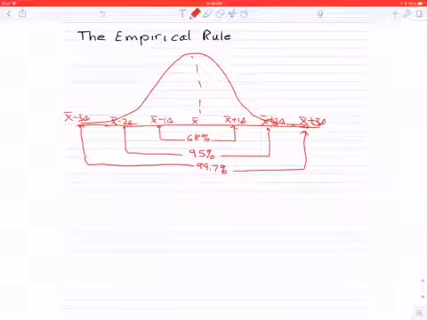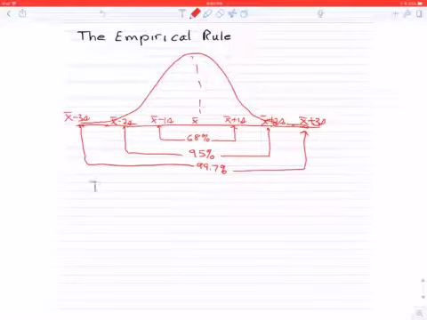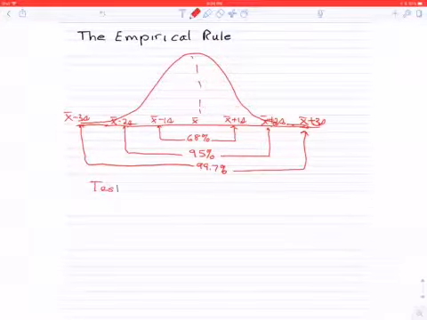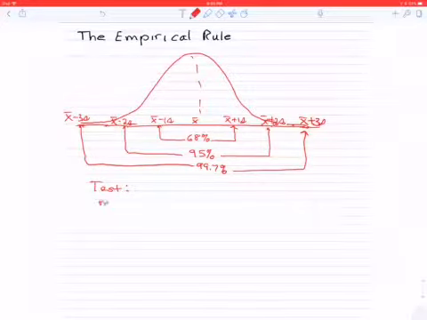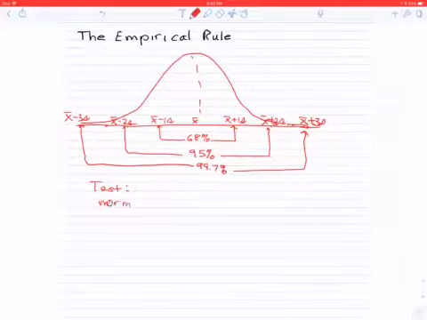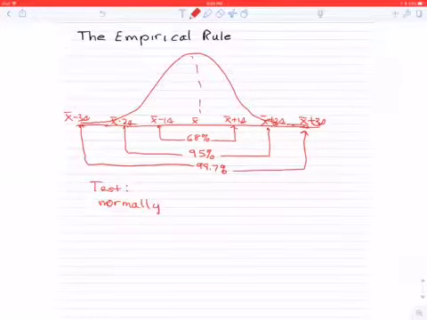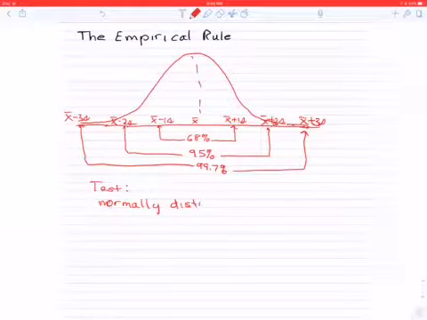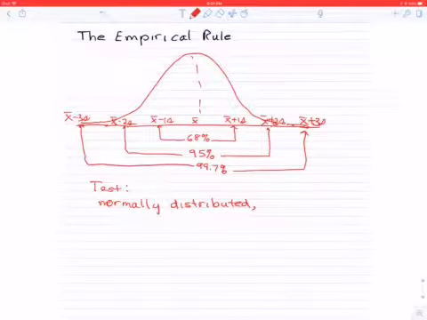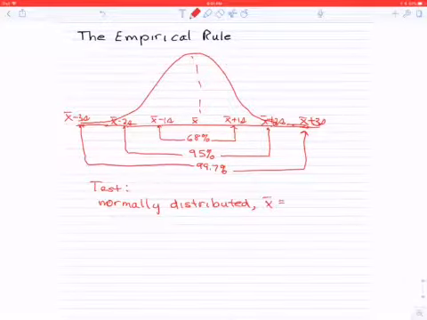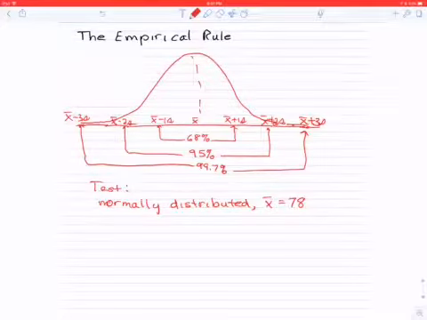So, for example, if we look at a test, let's assume our test is normally distributed and has a mean of 78.